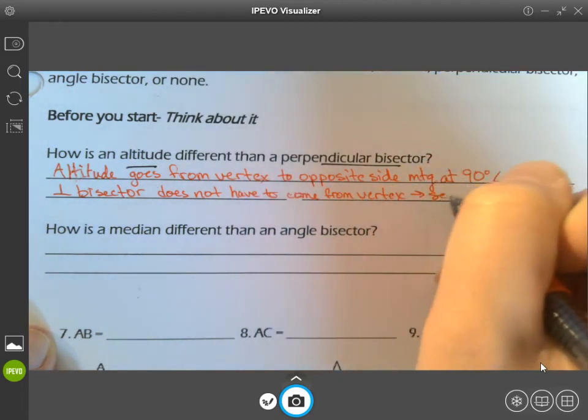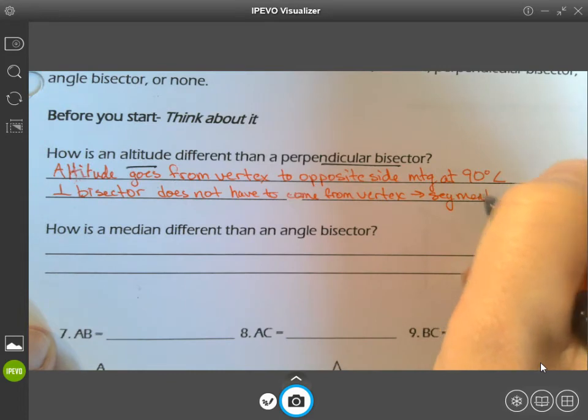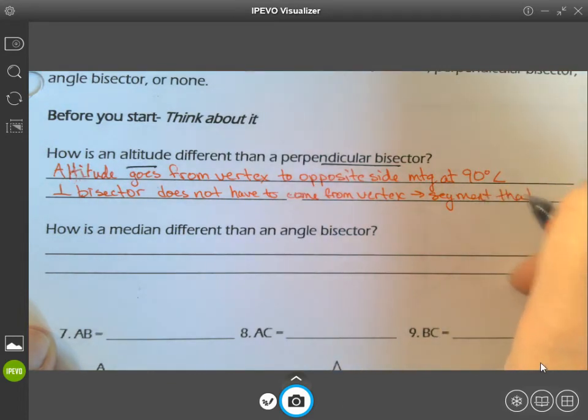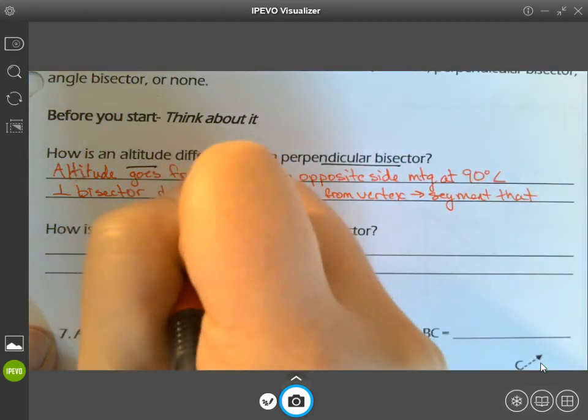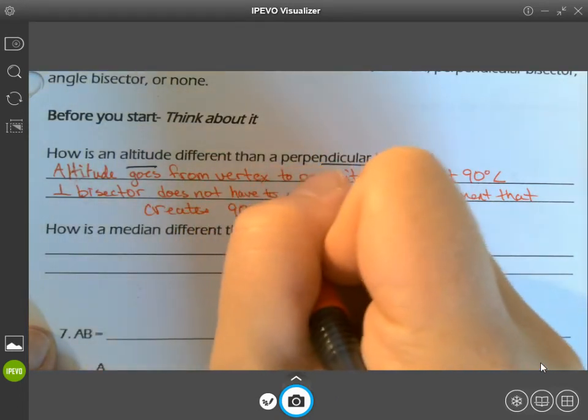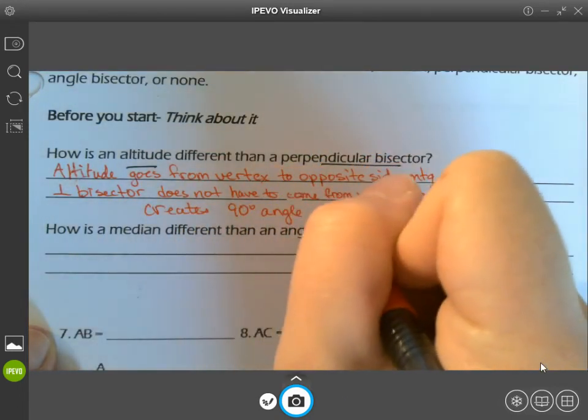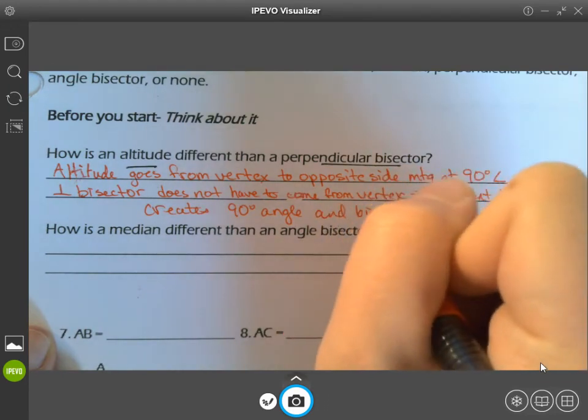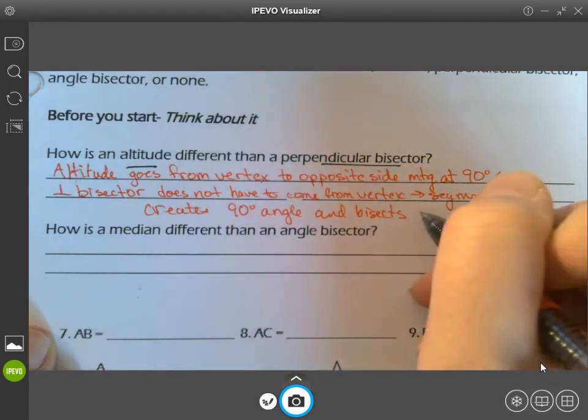It is a segment that creates 90-degree angle and bisects side.